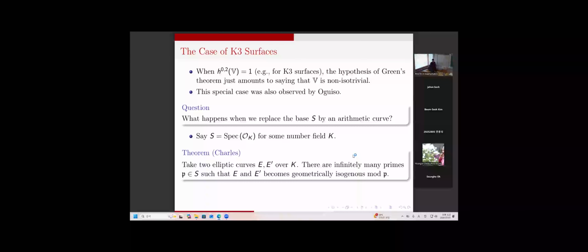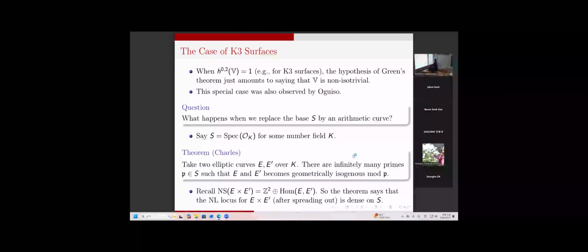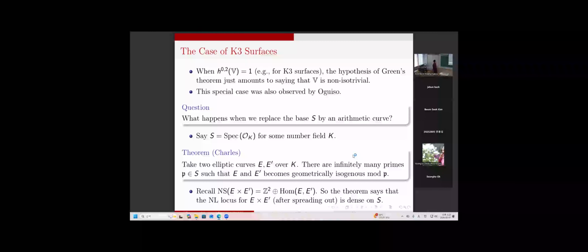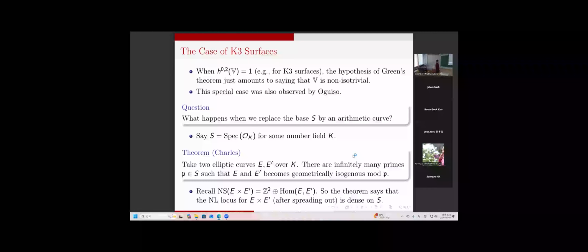Now on face value, this is not a statement about the Noether-Lefschetz locus, but here's a fact: when you take two elliptic curves and take the product, you get an abelian surface. Then the Néron-Severi group of the resulting abelian surface is given by two copies of Z plus Hom between E and E prime.